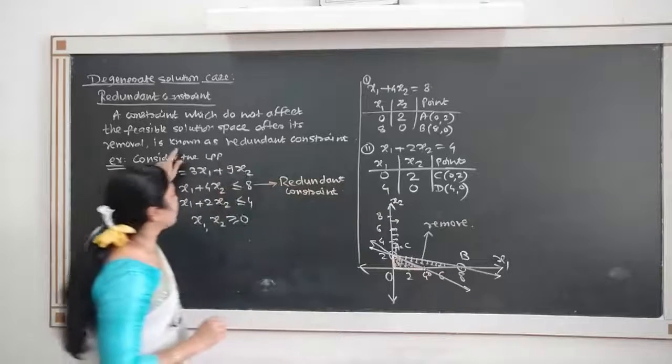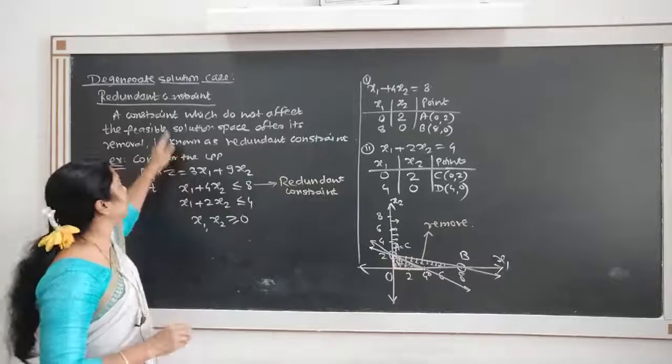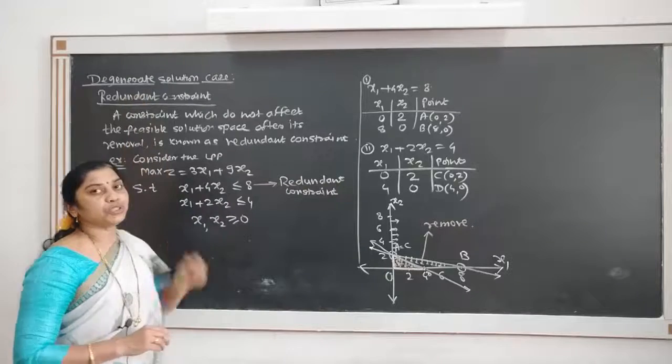So whenever there is a redundant constraint, generally degenerate solution occurs.